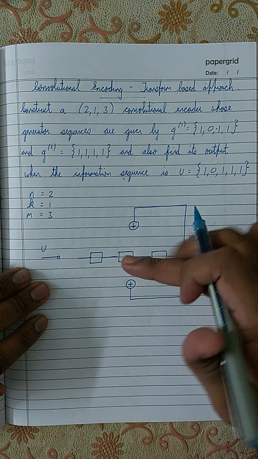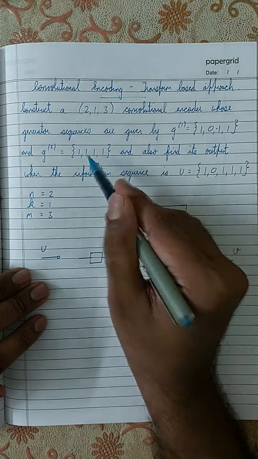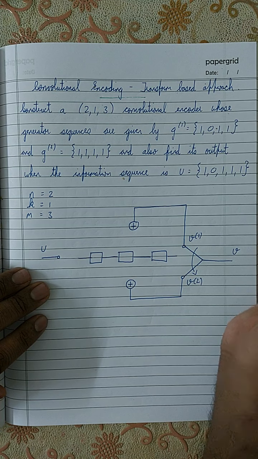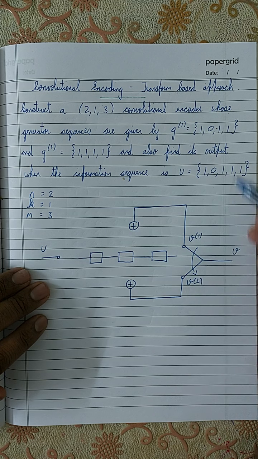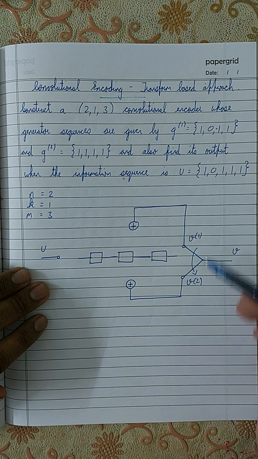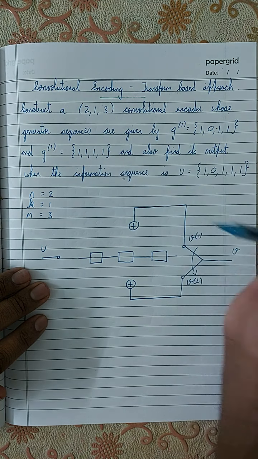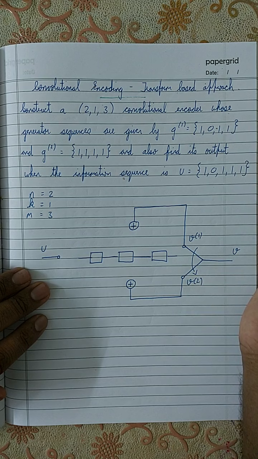Now next, the connection between these and the output is what is represented by the generator sequences. Here this represents V1, and the connection of V1 is represented by the sequence g1, and this is the second output V2, and the connection of this is represented by the generator sequence g2. So this is 1011. 1 means there's a connection, 0 means there's no connection.